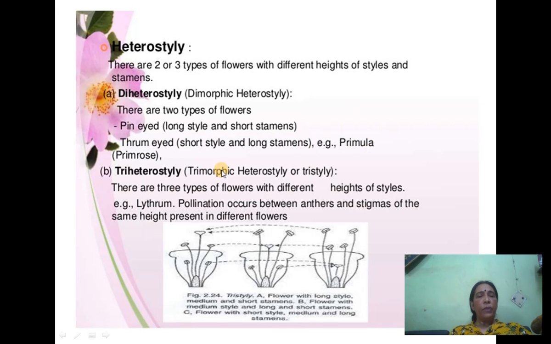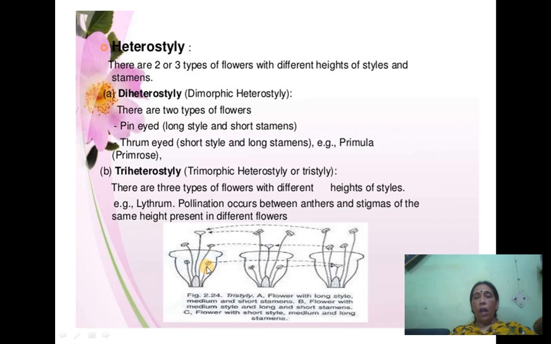Example, primula. And the third one is triheterostyly, that is trimorphic heterostyly. That is, there are three types of flowers with different heights of styles. Example, Lythrum. Pollination occurs between anthers and stigmas of the same height present in different flowers. So here you can see these are the three types.